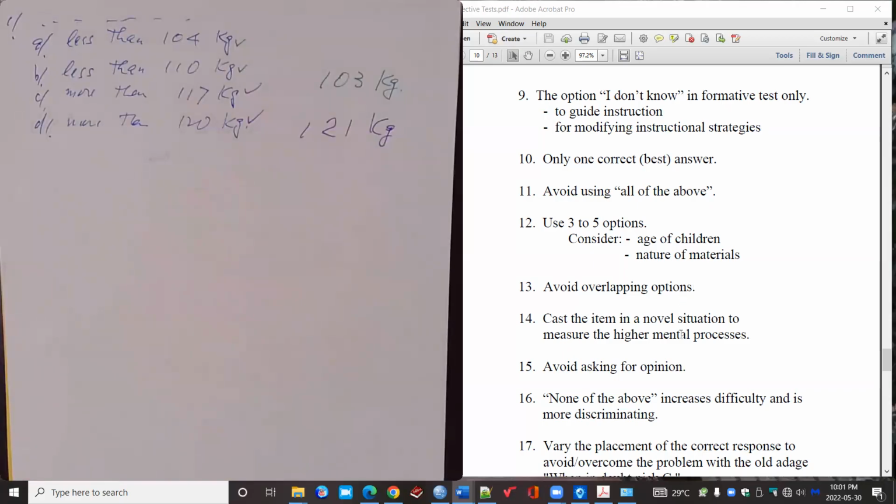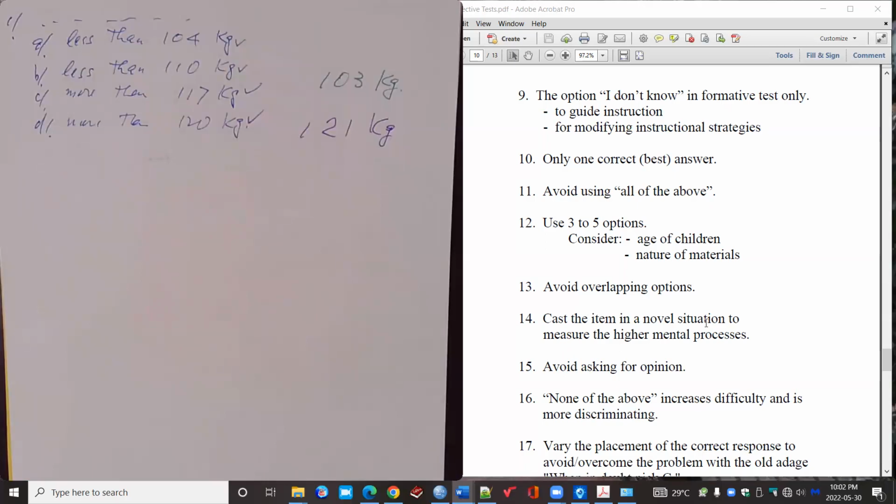Cast the item in a novel situation to measure a higher mental process, say application, analysis, synthesis. You need to cast the item in a novel situation in order to measure Bloom's taxonomy from three and up.